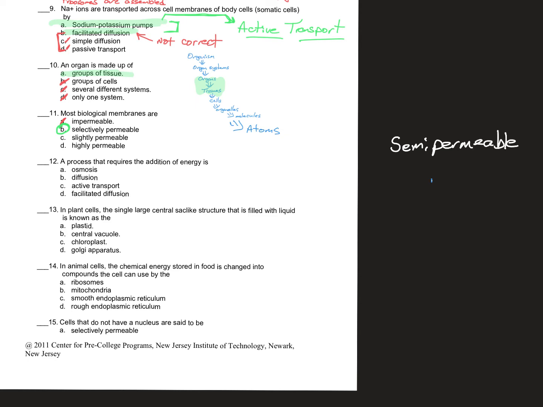And someone in class said, well, I understand semi-permeable, but this idea of selectively permeable was also used in an activity, which is how the question came up. I believe it was on the practice exam that I gave you.